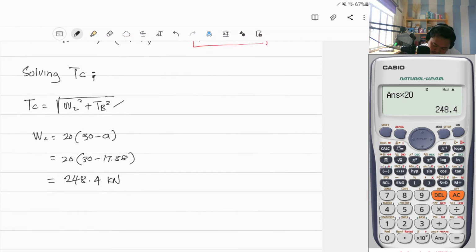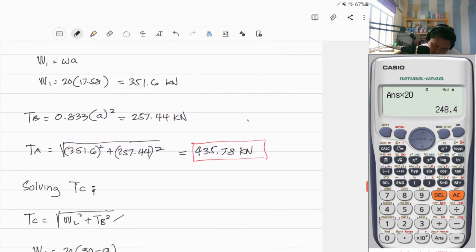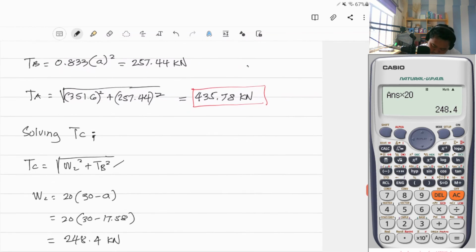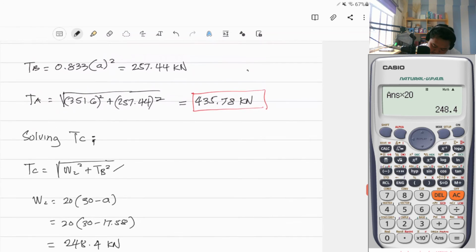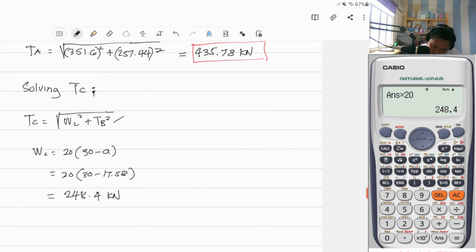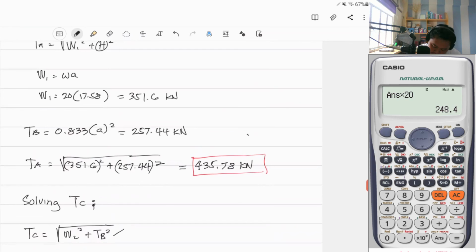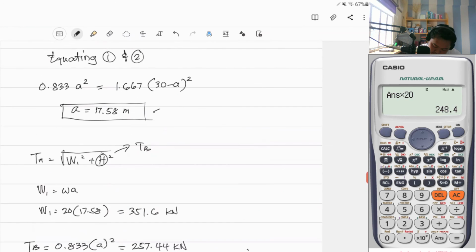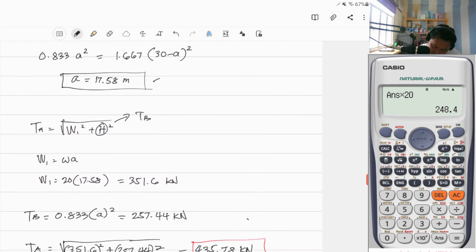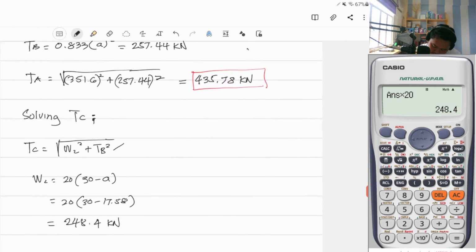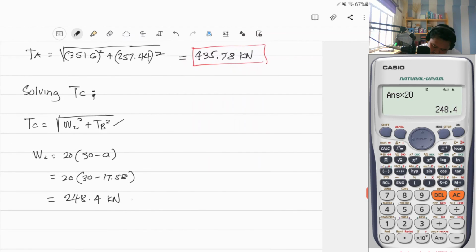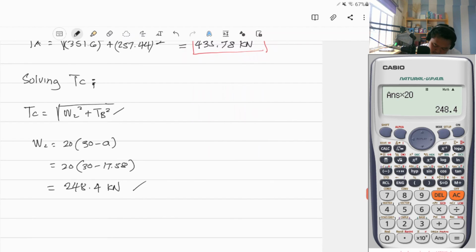If we check this, this is supposed to be smaller than the segment at the left because the cable here is shorter compared to the left segment. The left segment is 351 and the right segment is 248.4. So this is correct.